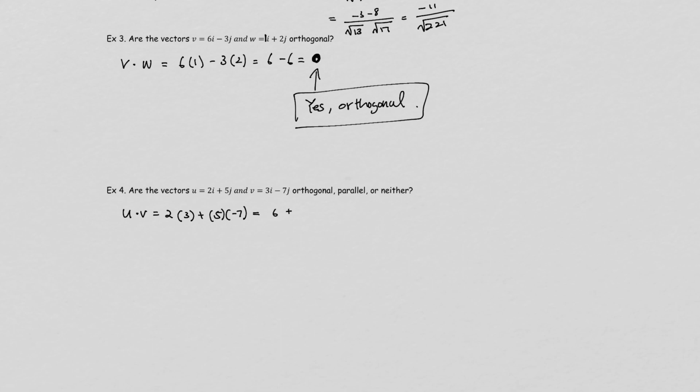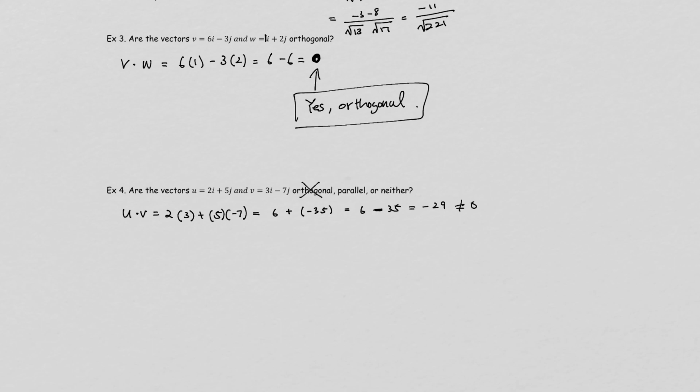This is 6 plus negative 35, same as 6 minus 35, which is negative 29. Different signs, you subtract and take the sign from the bigger number. So this is not equal to 0, so it's not going to be orthogonal.